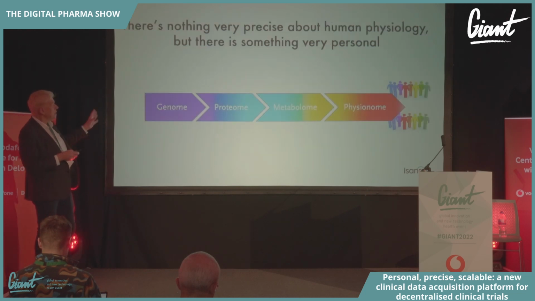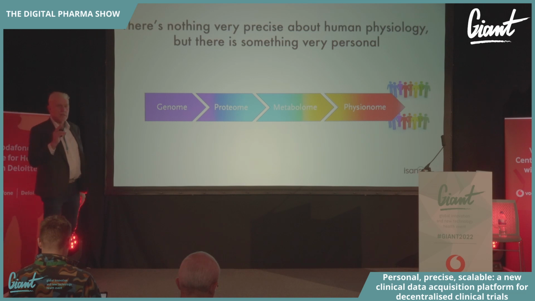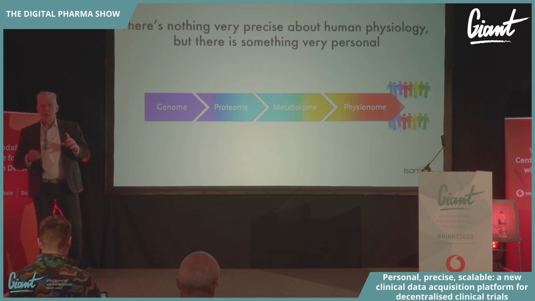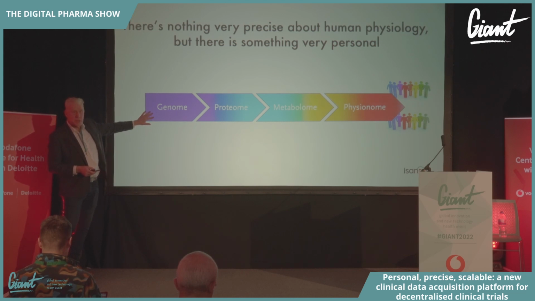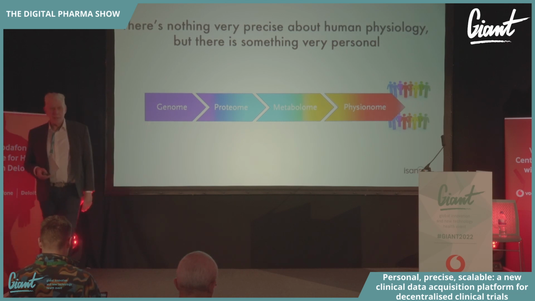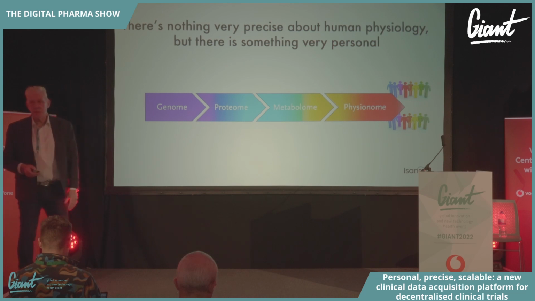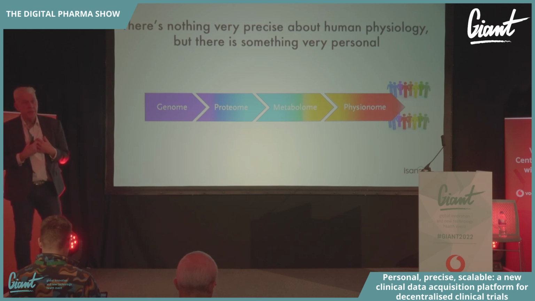And so this is the whole thing here: when it comes to human physiology, there's nothing very precise about it, but there is something hugely personal about it. This idea of the dynamic physiological model, your digital twin, look how it runs from the genome, sequencing the genome. How many billions, hundreds of billions have been spent on doing that, looking at our blueprints.